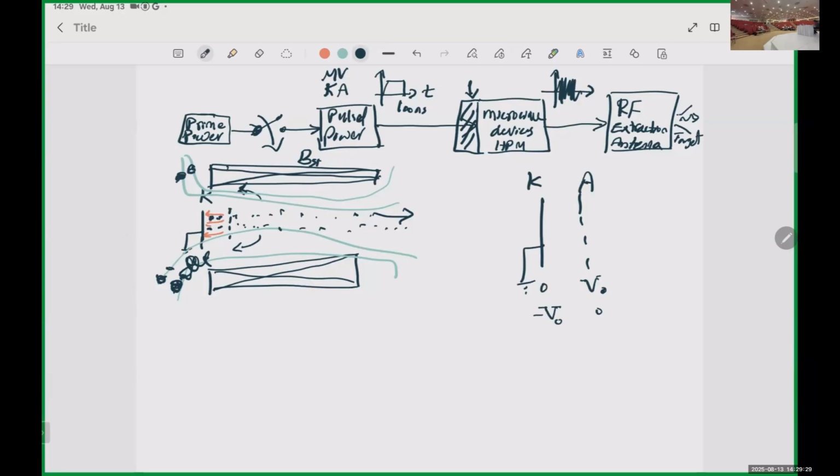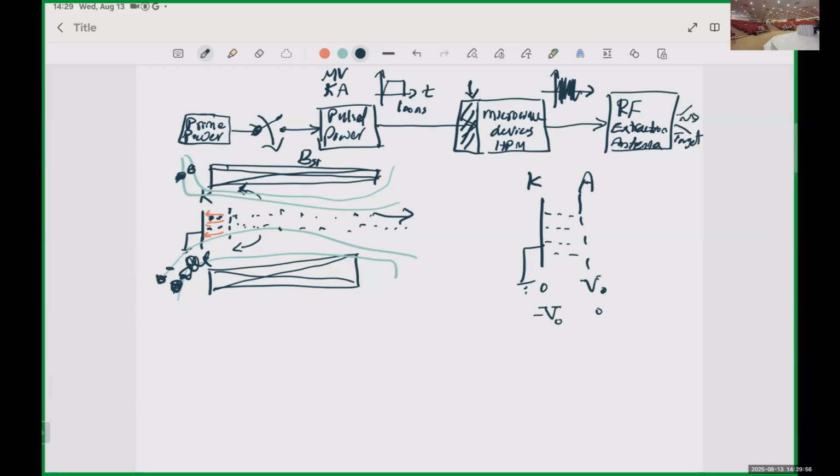If you have a voltage here, imagine that you can increase the voltage. Do you think that the electrons will continue to be emitted from the cathode? The answer is no. There is a limit, and this is what they call the space charge limiting current. Okay, and the space charge limiting current follows the Child-Langmuir law.